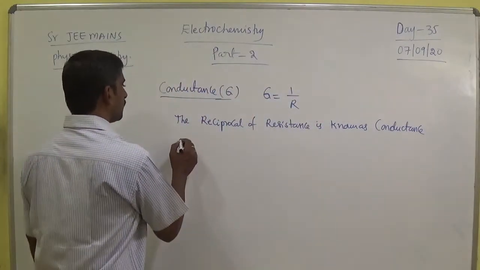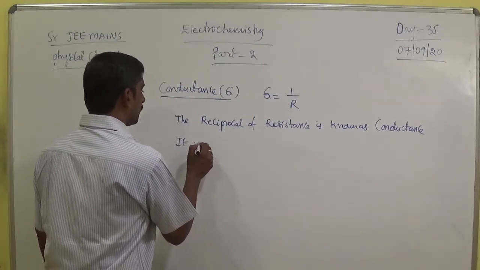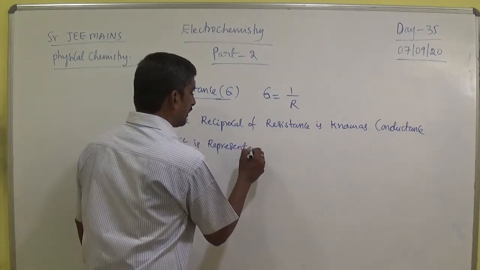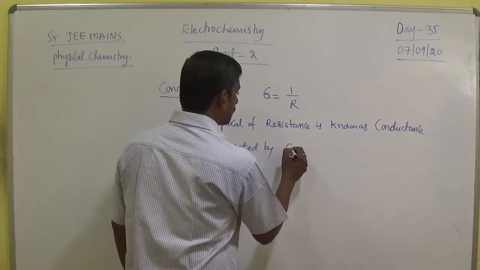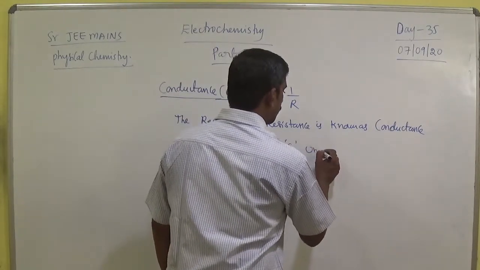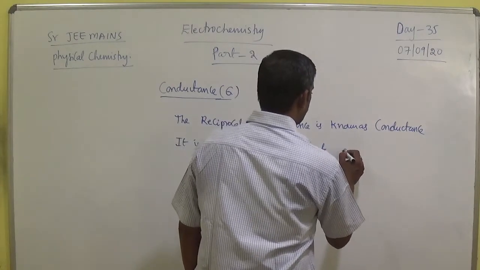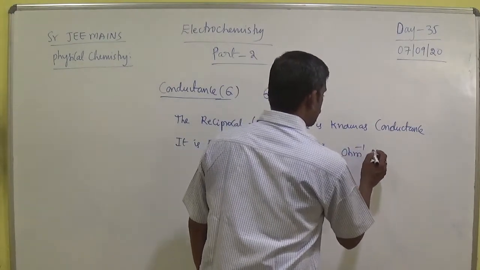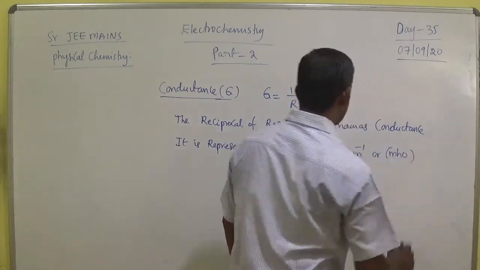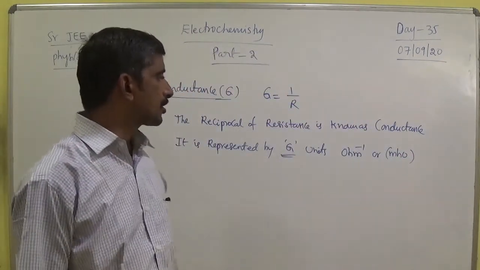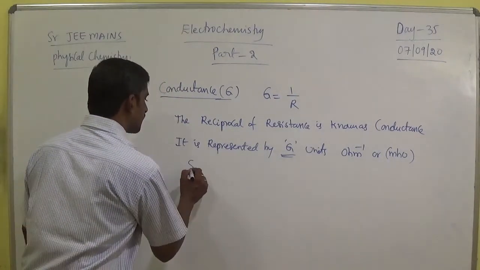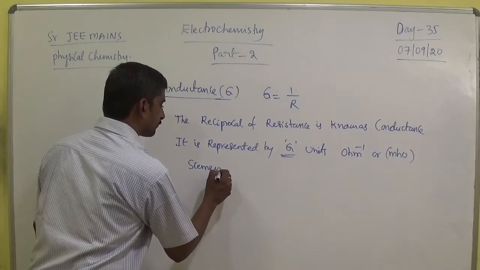Units of conductance: ohm inverse or mho, or simply Siemens.